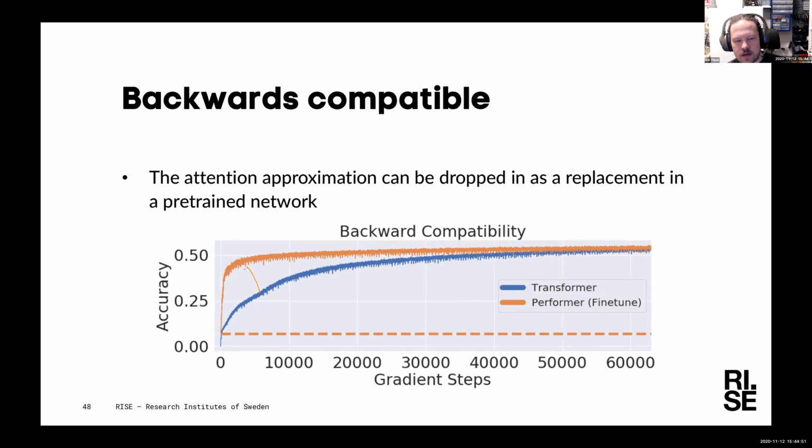Think of these as comparing apples and oranges, because the transformer here starts learning from scratch, while they initialize the Performer here. You see it's called fine-tune with a high performing checkpoint of the transformer. But by fine-tuning a bit with this kernel method, they're able to reach performance comparable to the transformer relatively early. So that's really neat, that you can get this lower computational complexity, linear computational and space complexity, for a pre-trained model.